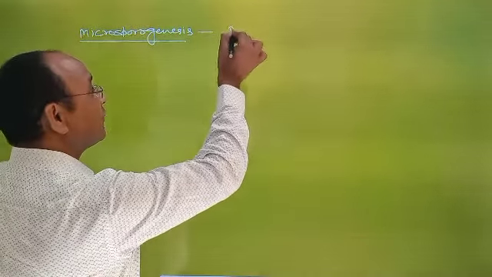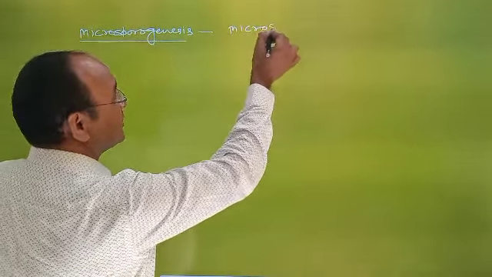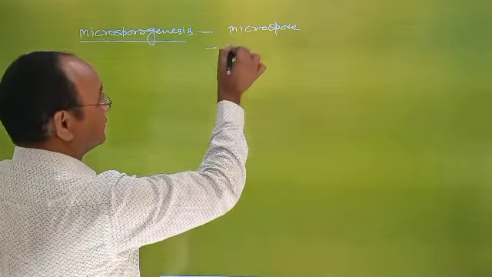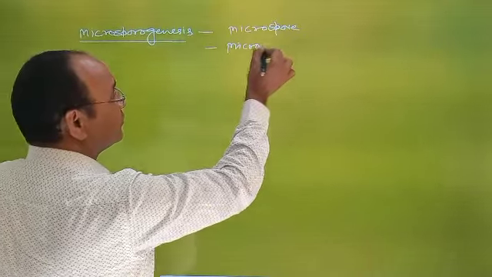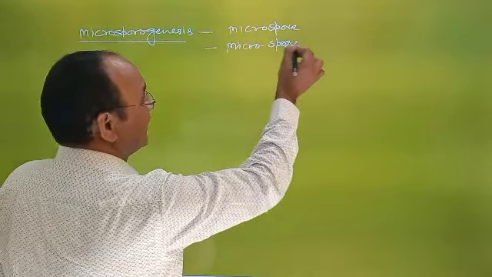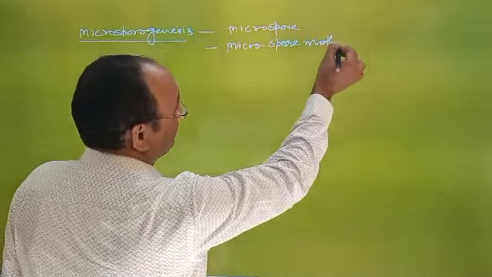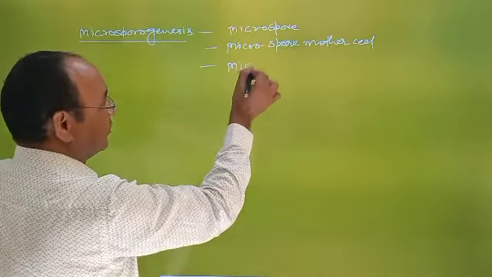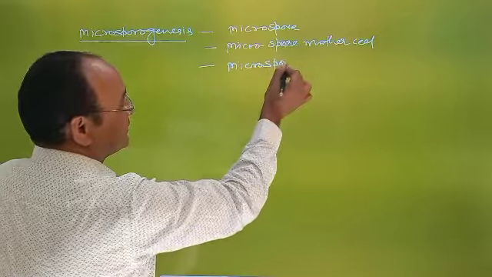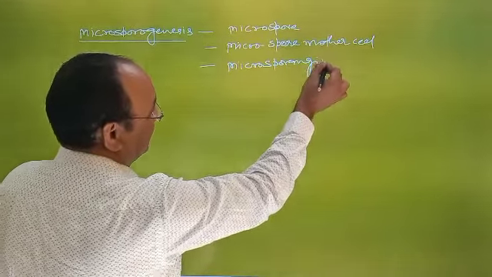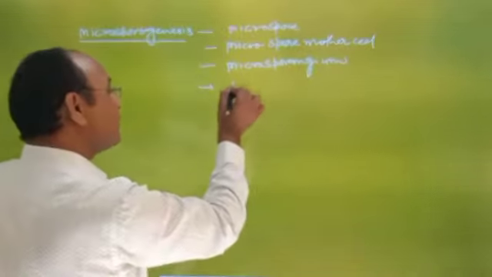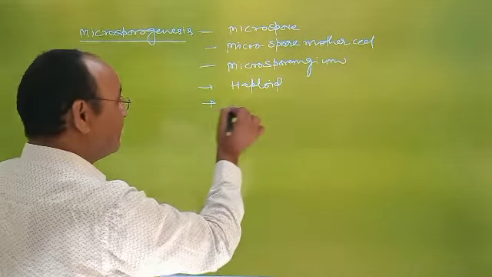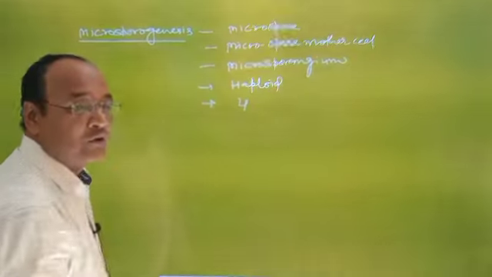Simply, the formation of microspores by the microspore mother cell in the microsporangium. The number of chromosomes is haploid, and the number of microspores is 4.